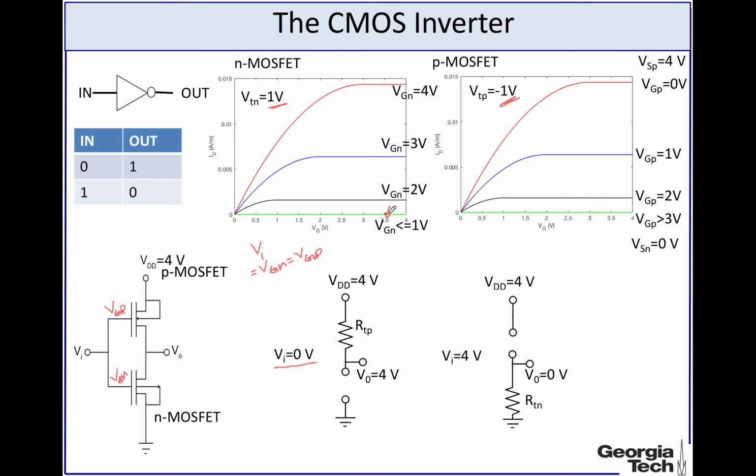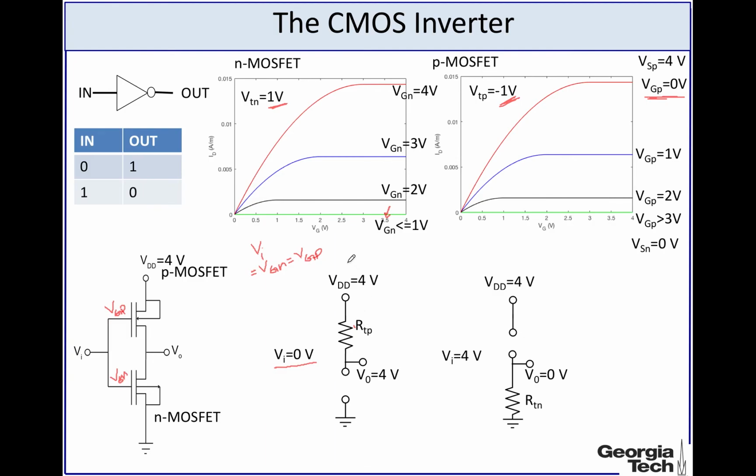On the other hand, the gate voltage of the p-type MOSFET is 0, so it essentially means that this p-type MOSFET is in an on state. If it's in an on state, you can represent it with a certain resistance, and on state essentially means a low resistance.